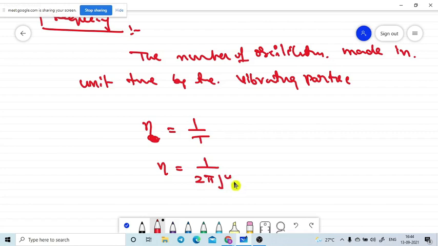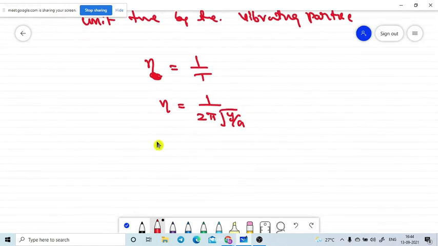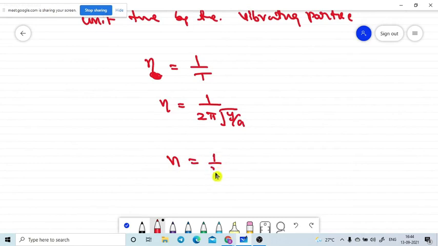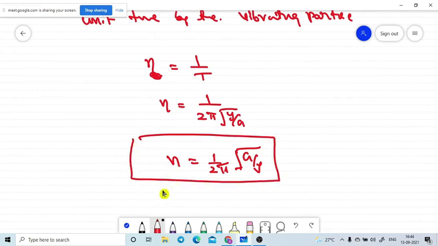Otherwise, we can write n is equal to 1 by 2 pi into square root of a by y. This is the frequency formula. What are the units for frequency? The unit of frequency is the hertz.